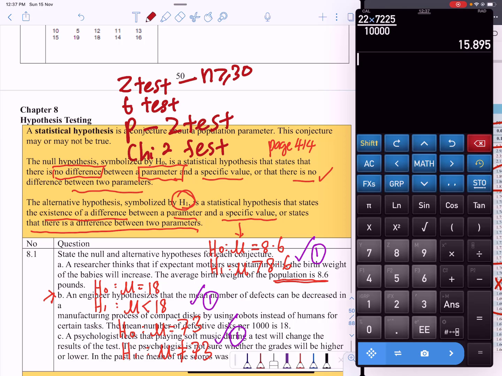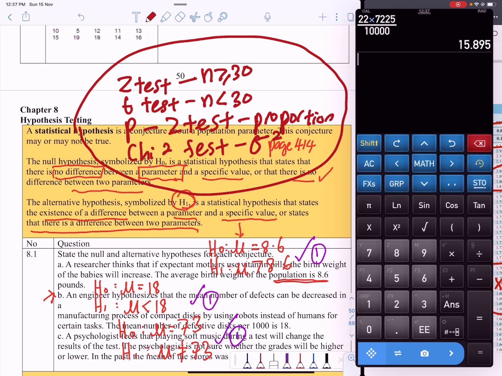Okay, 30 and above. Below than 30, we using the T test. Kalau Z test ni dia melibatkan proportion. Kalau chi-square ni dia akan melibatkan variance. Jadi that's how we decide what formula for test value.